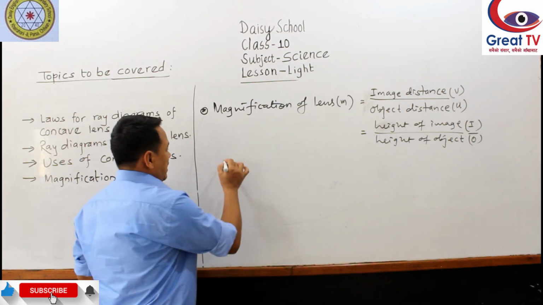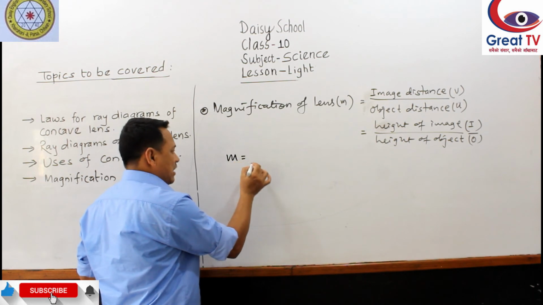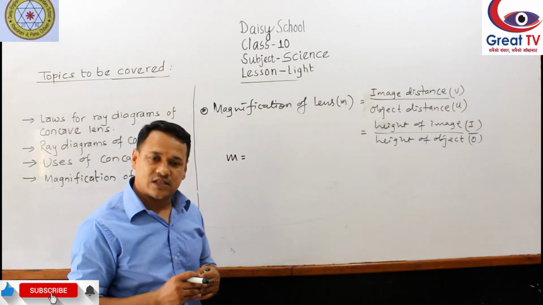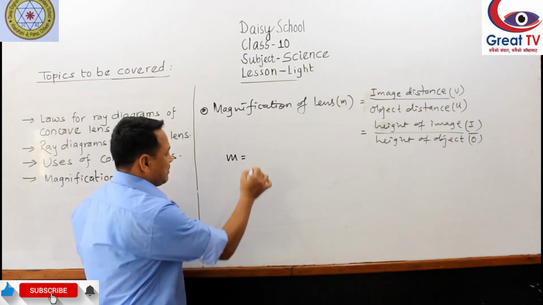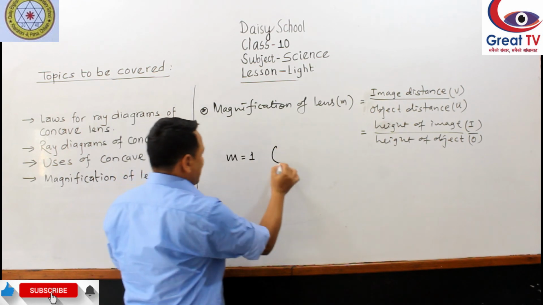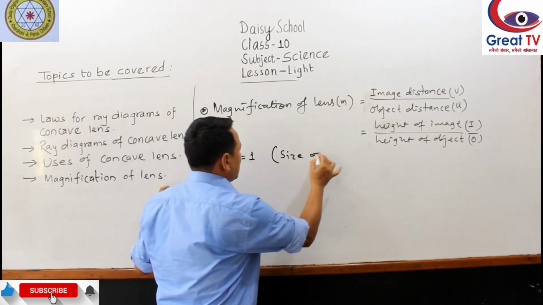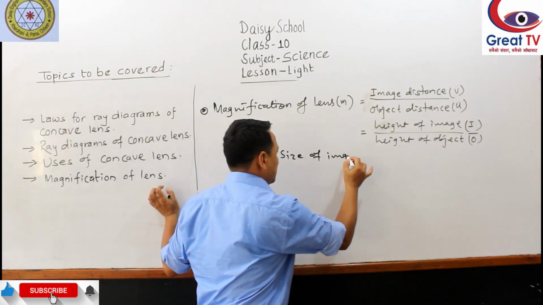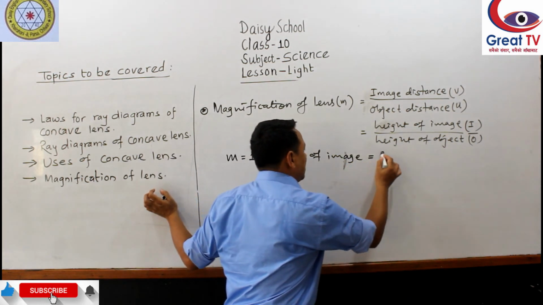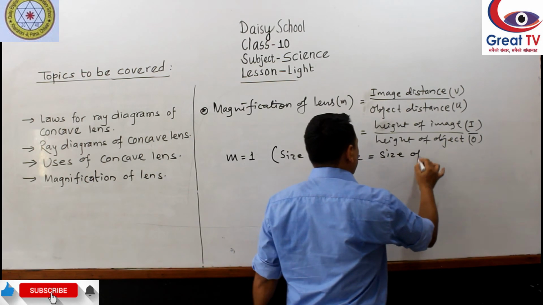And remember, while calculating the magnification, if the value came 1, it means the size of image is equal to the size of object.